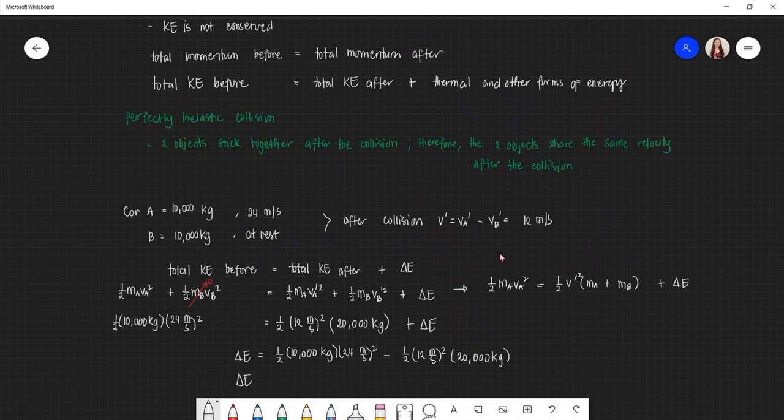And the energy that was transformed to other forms of energy is therefore equal to, calculator.